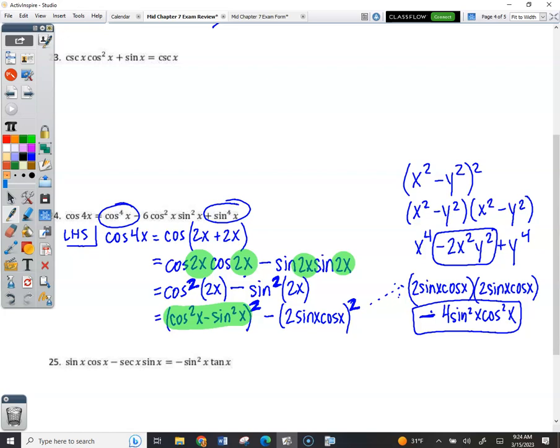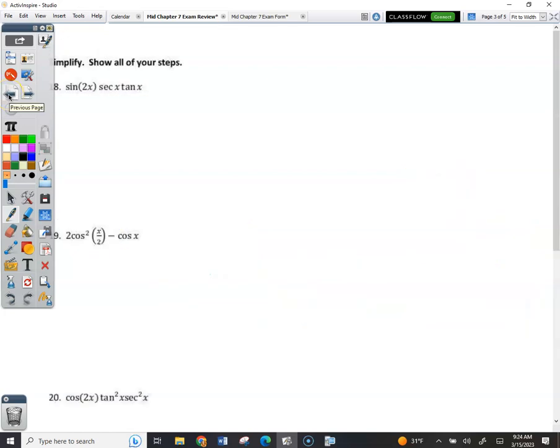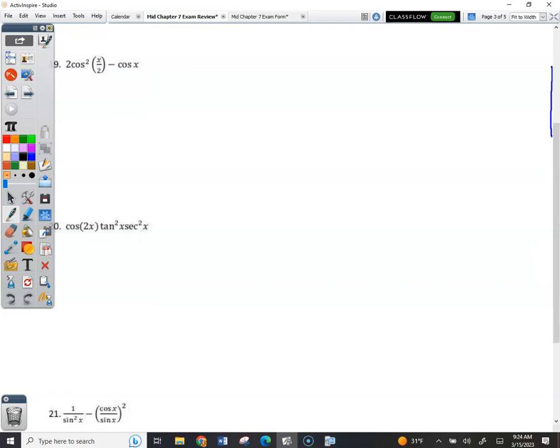Jumping to 18 through 21. Number 20. Right here, because this is cosine of a double angle, there are 3 possible routes for you to go. And on my answer key, I did all three.